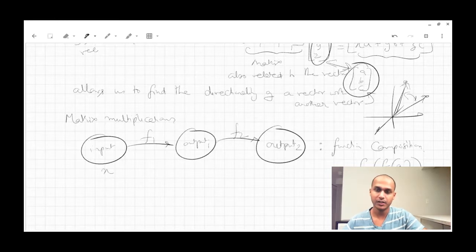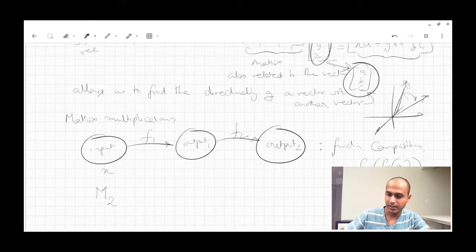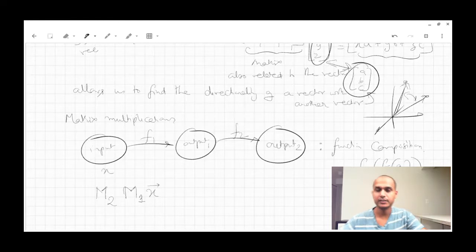second function f2. Now similarly for matrices, which are linear functions for vectors, we also have the same idea. We can take a second matrix which transforms the output of the first matrix, and the first matrix works on an input vector x.